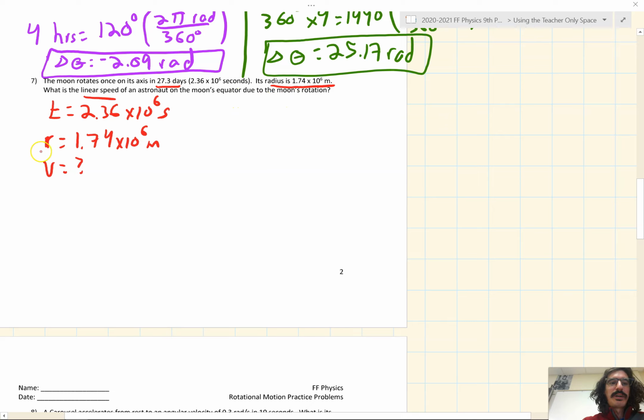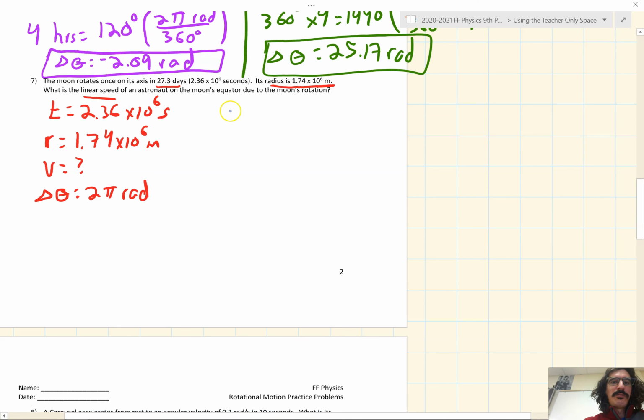So again, we want to find v, the linear speed, which means we have to go from angular velocity to linear velocity based on the given information. The change in theta, its angular displacement, for 1 day is equal to 2 pi radians.